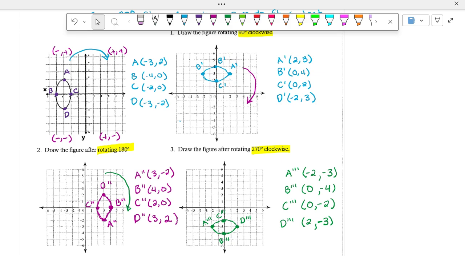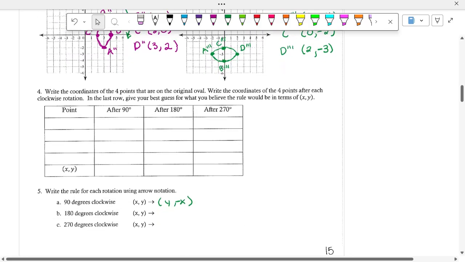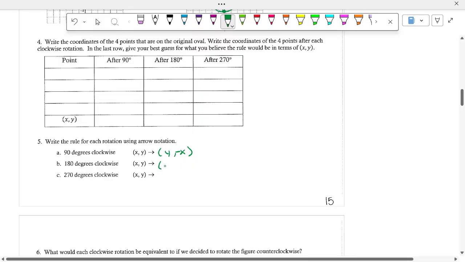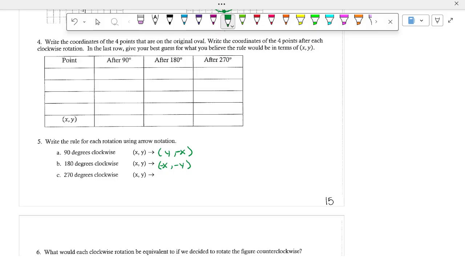So it went from -3, -2 to 3, 2. So the signs changed for both. So the rule here would be -x, -y. They don't flip x and y, but they do change signs.